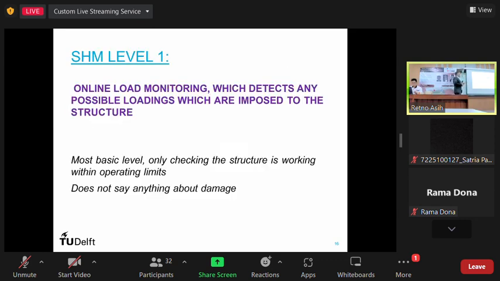Well, again, to emphasize, for example, level 1, we have the online load monitoring, which detects any loading imposed on the structure. So it's the most basic way of doing it. It only checks whether the structure works as it should or not, and it doesn't say anything about what the problems are.